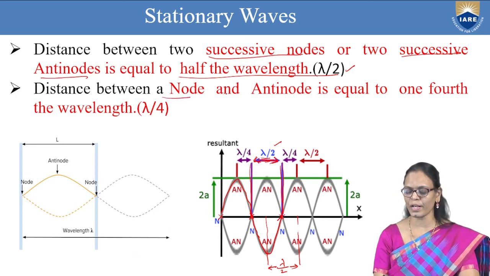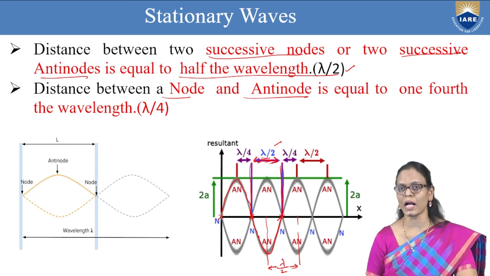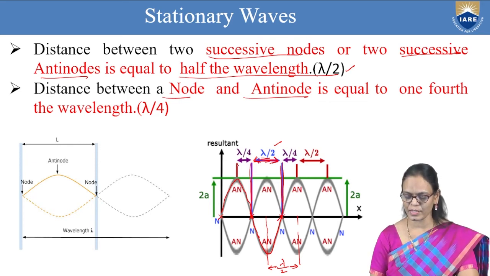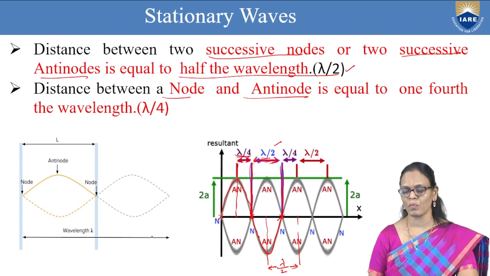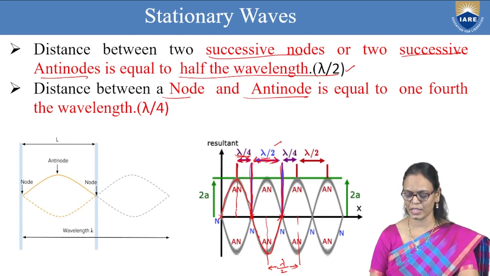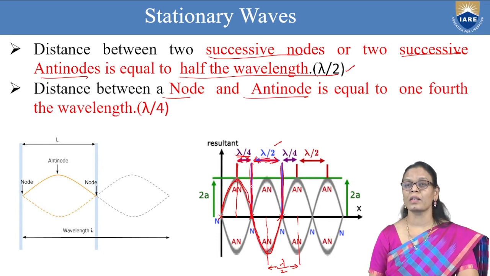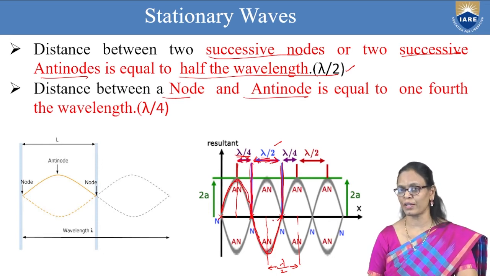Now between a node and an antinode, what is the distance? So we consider this is the antinode and this is the node. So what will be the distance between them? It is given by lambda by 4. Why? Again, the same thing we see here, because this is a complete wavelength, lambda for a complete wave.